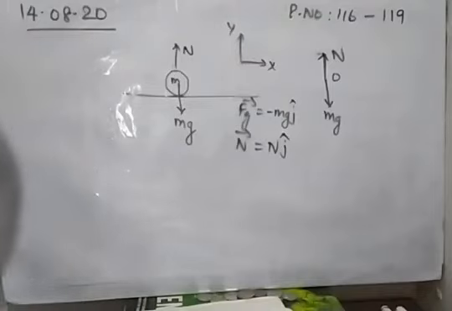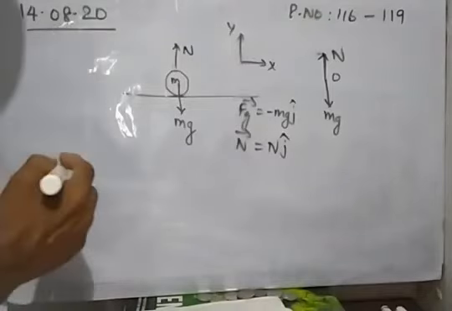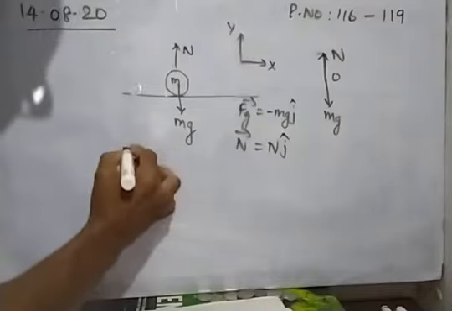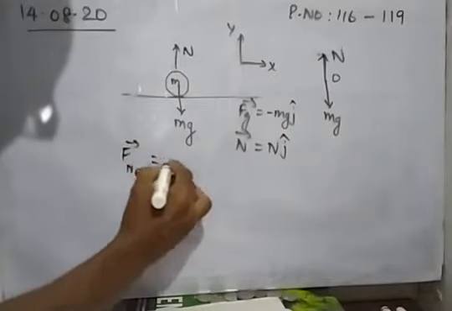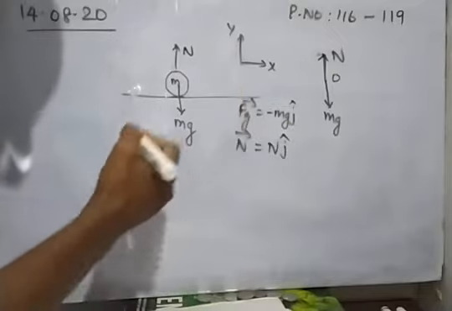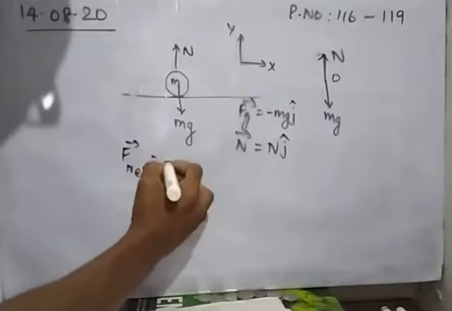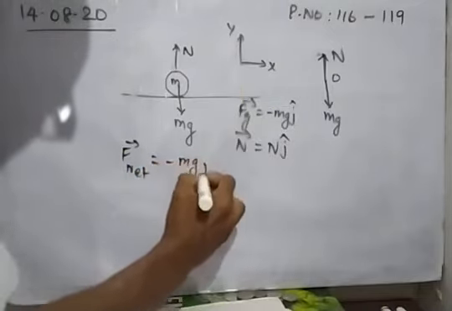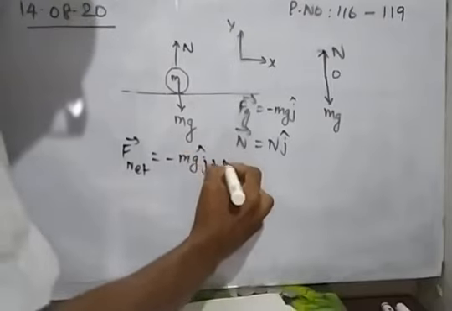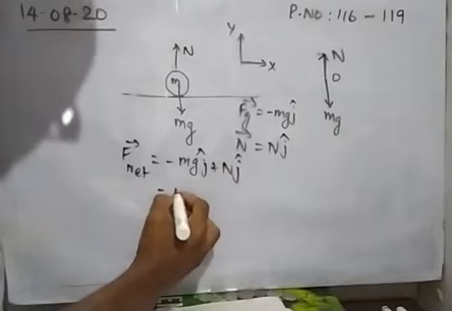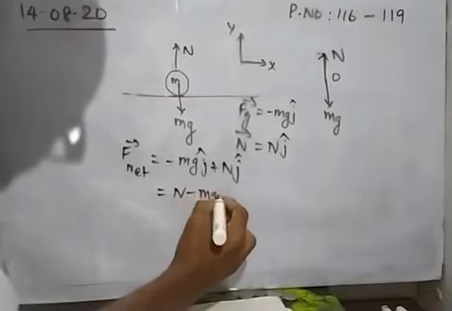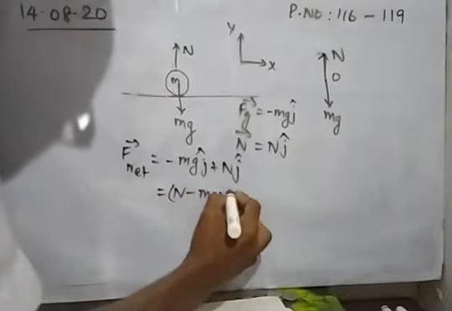Therefore the net force is the gravitational force plus the normal force, that is minus mg j cap plus N j cap, which is equal to (N minus mg) j cap.